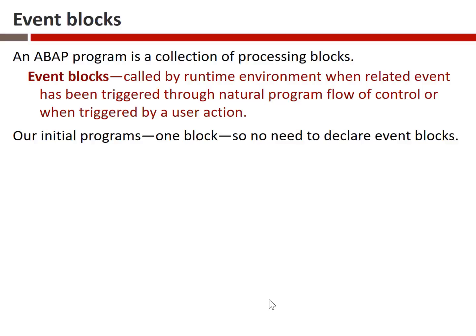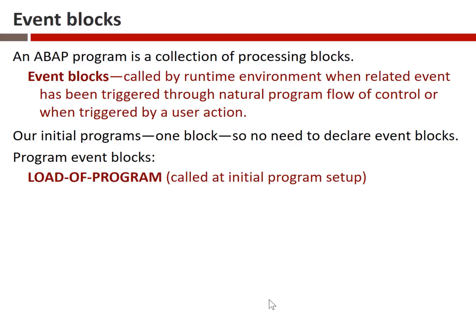In the programs we have written so far this semester, we really have just had one block. Everything has been in the context of that one block, which represents the main functionality of our program. But let's introduce a couple new event blocks. There's an event block called load of program.